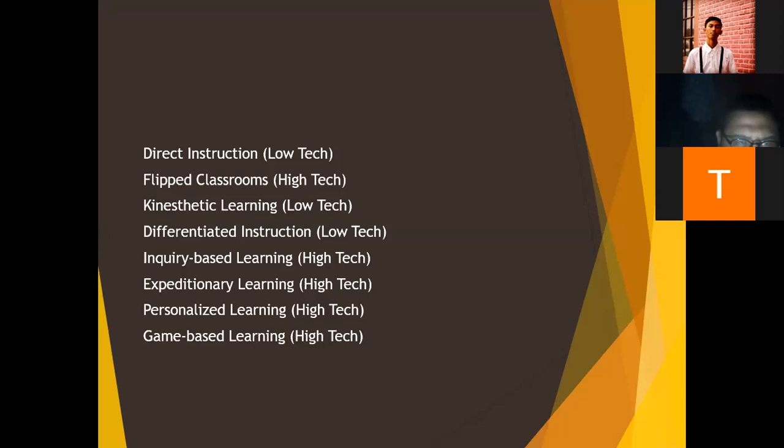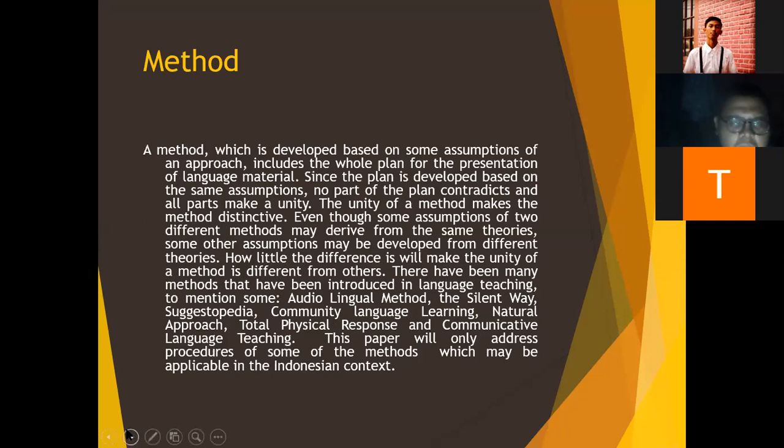That is, I think they are low tech, but we can use useful techniques like flipped classroom or inquiry-based learning, expeditionary learning, and many more. Next, the next part will be method.